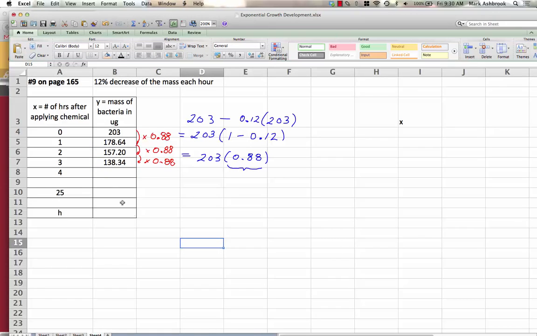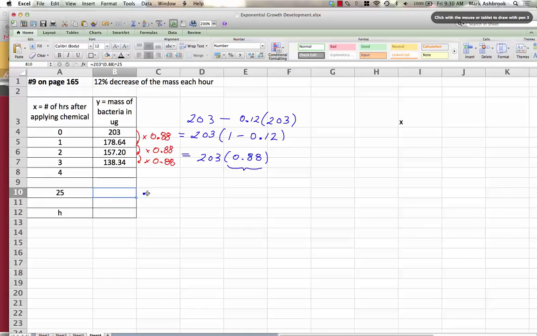Okay, so after 25 hours, how much will we have? Brandon, did you get this? I want to know the mass after 25 hours. How would I set up for that? 203 times 0.88 to the 25th power.